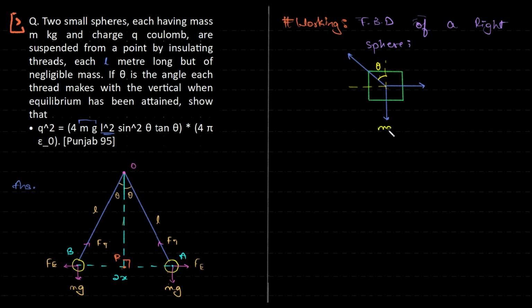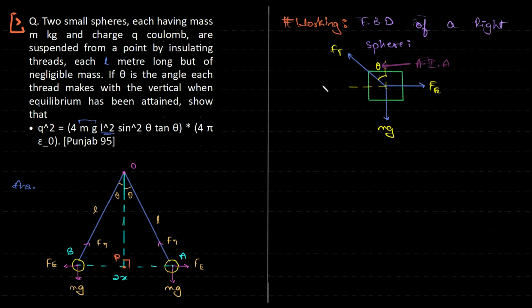Then this is our mg, Fe, and that's our Ft. I hope you understood how we got theta. That's because this is your alternate interior angle. If I draw a line which is perpendicular, obviously that will be the alternate interior angle.